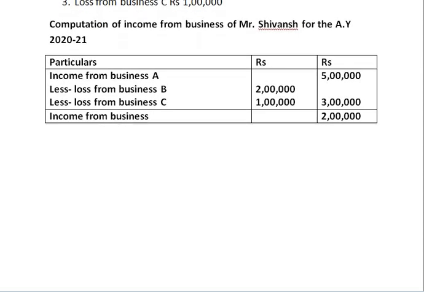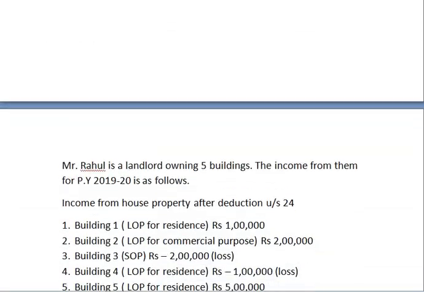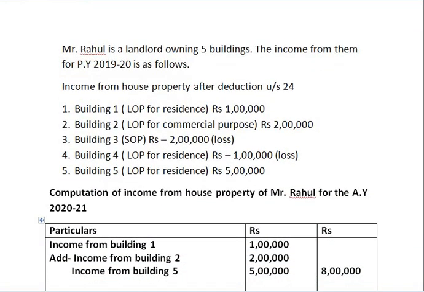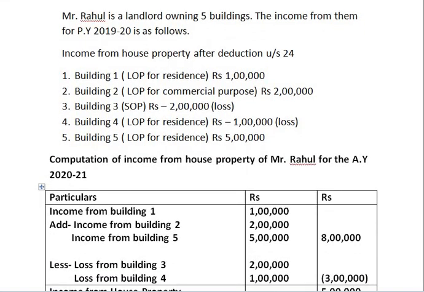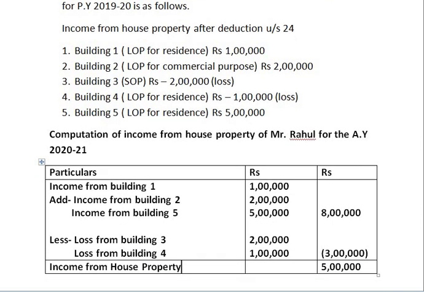In second sum, we have solved a sum on inter-source set off on building, that is income from house property. Here also, irrespective of the sequence given in the question, always we have to take incomes from buildings and then we have to deduct the losses, and the balance figure what we get is known as income from house property.